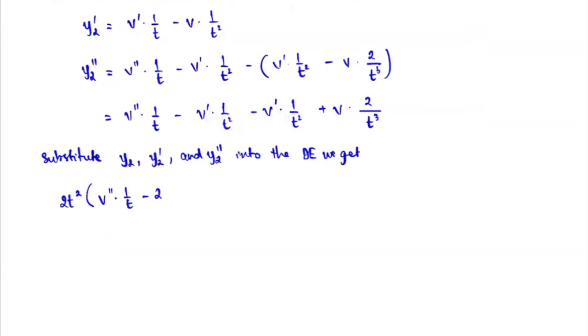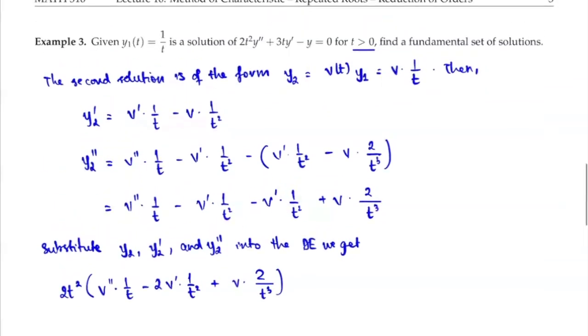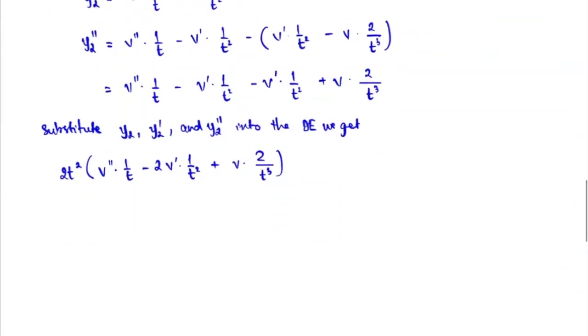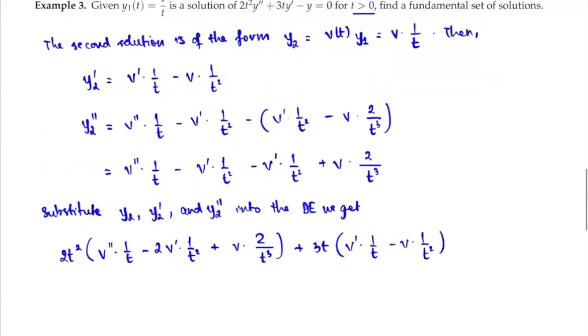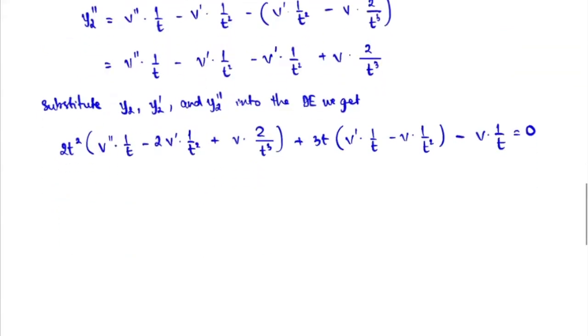Minus 2 v prime times 1 over t squared plus v times 2 over t cubed. So that's the first term in the differential equation. Plus 3t times y prime, plus 3t times v prime times 1 over t minus v times 1 over t squared, minus y, which is v times 1 over t, equal to 0.